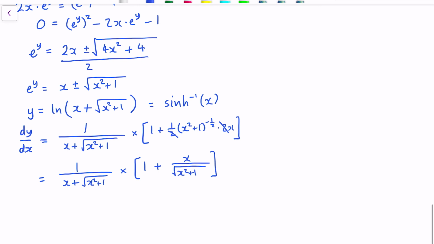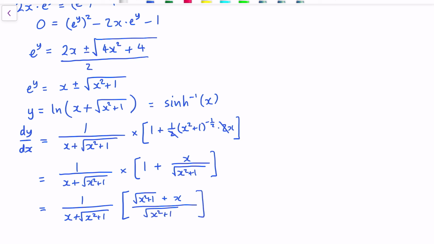I can add the 1 and the x over root x squared plus 1 together by making a common denominator: root x squared plus 1 plus x, all over root x squared plus 1. And then, lo and behold, that cancels with that factor, and we end up with the proof.